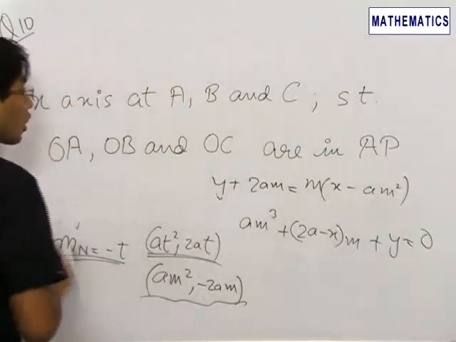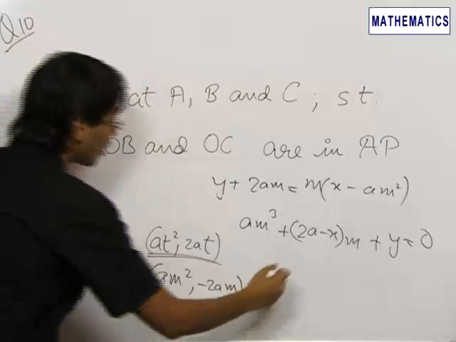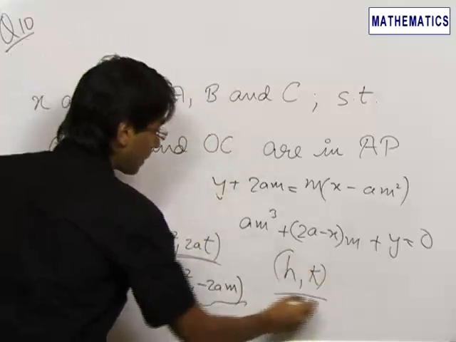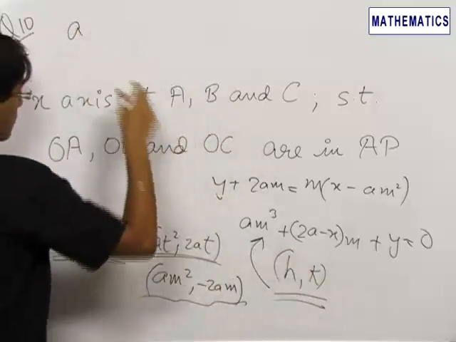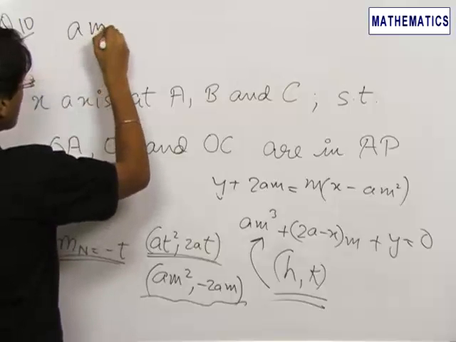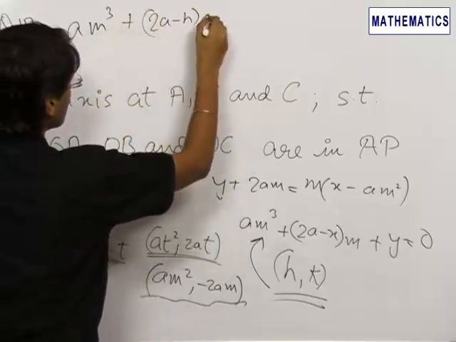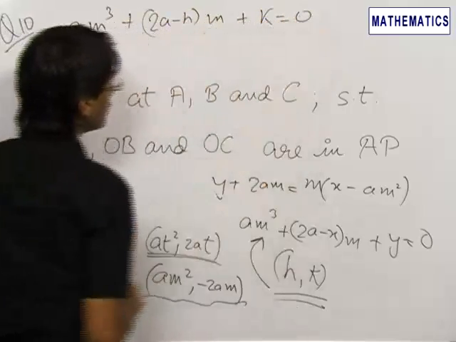Now we need to find the locus of point S at which these three normals intersect. If we consider the point to be h comma k, then this h comma k will satisfy this cubic equation. This becomes am cube plus 2a minus h times m plus k is equal to 0.